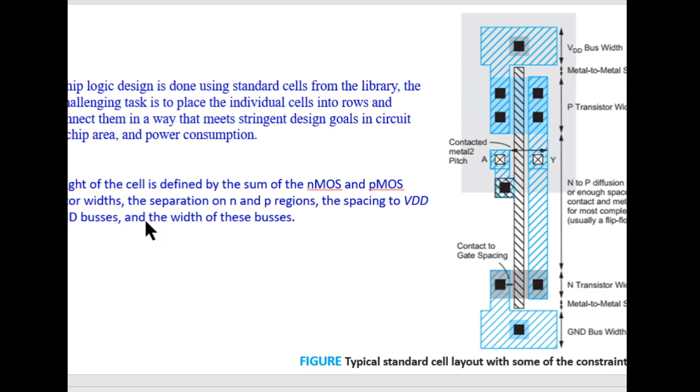Then the spacing to VDD and ground buses, and the width of these buses. So this spacing is about this space and this space, and the width of the VDD and the width of the ground bus. When you combine this space plus this plus this plus this plus this plus this plus this, you get the complete height of this particular cell.